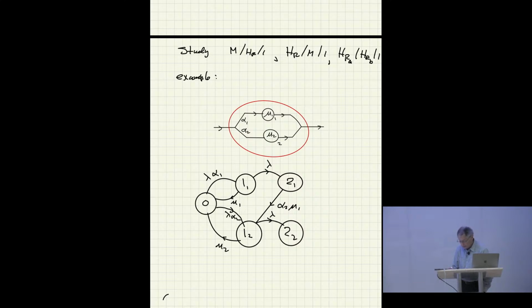So I could have this move here, which is a rate mu1 again with alpha 1, etc. I can leave state 2, and I can go up here. I won't bother to label them all. And dot, dot, dot, okay?